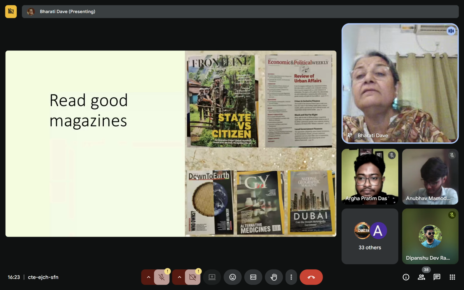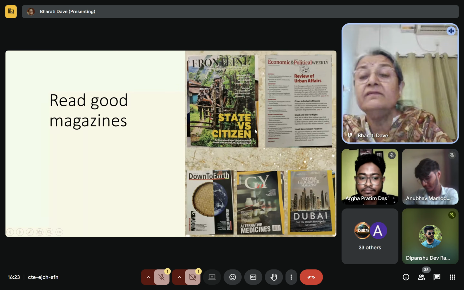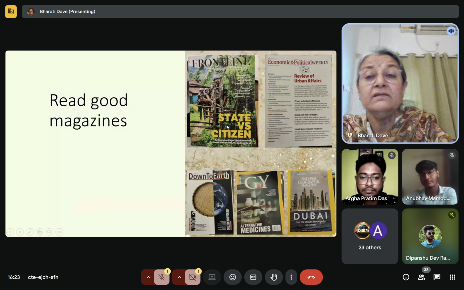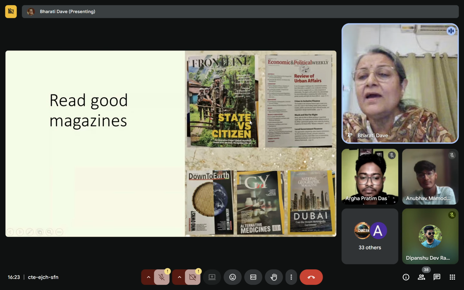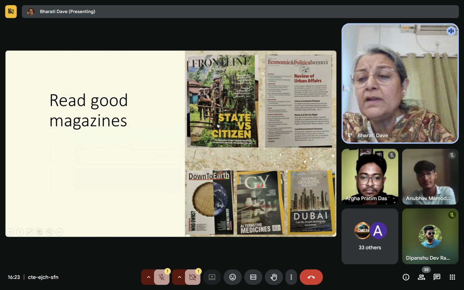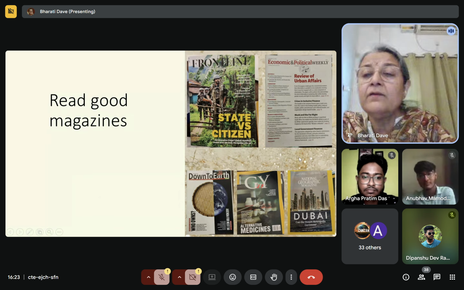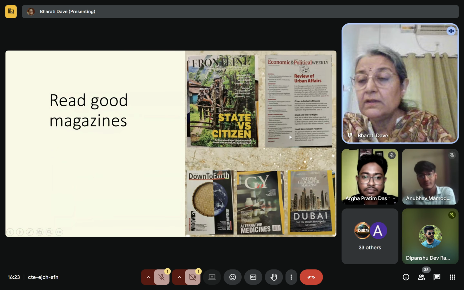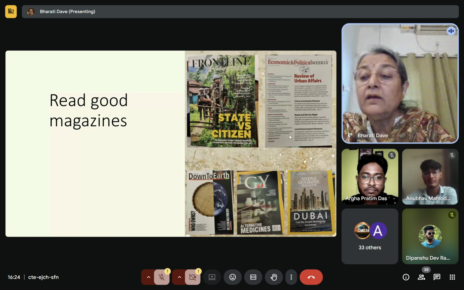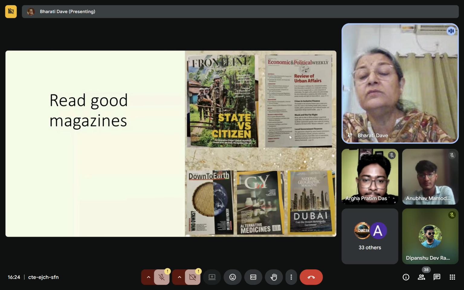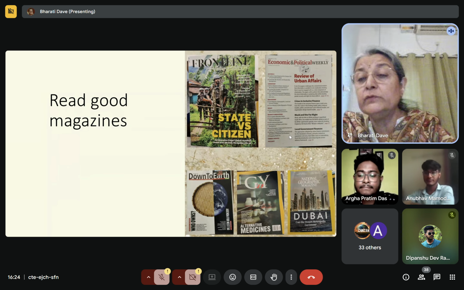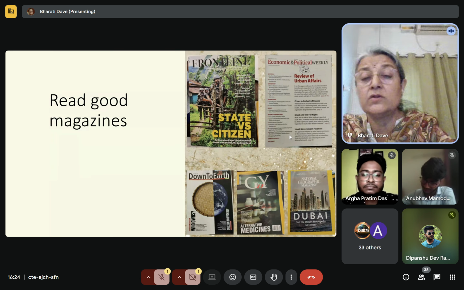Now, if you see these magazines, I picked these up from Kamala Nehru College library, and these are five magazines I would suggest to all students that you should read along with the newspaper. Try and read whatever is of interest to you, and they give you a lot of good information.